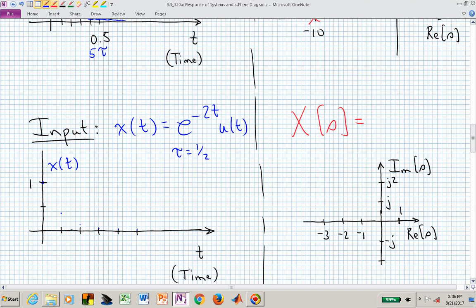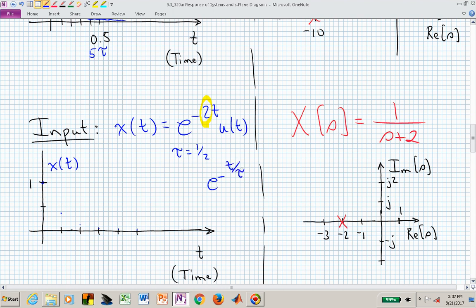You can look at it many different ways. X of s, capital X of s, if we Laplace transform this, is now 1 over s plus 2. We have a pole at minus 2, and that's right here. There's our pole, and our tau is whatever needs to be if we wanted to look at e to the minus t over tau.